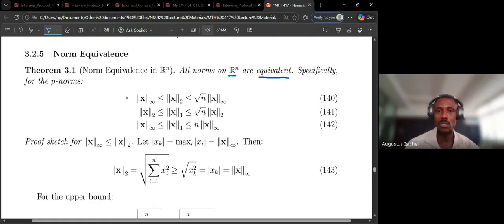For the p norms, we have that the infinity norm of x is less than or equal to the Euclidean norm, and that is less than or equal to the square root of n times the infinity norm.